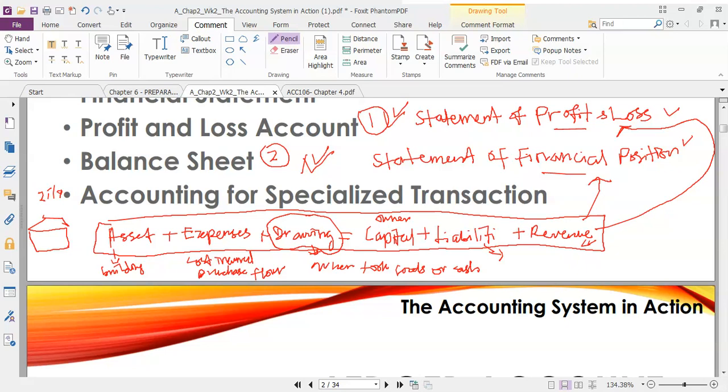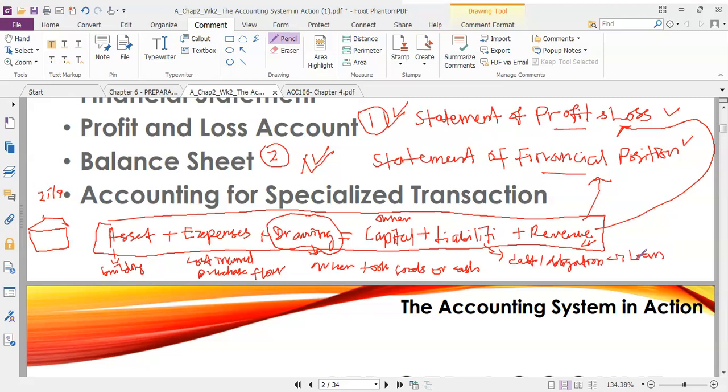Yes, that's right. Okay, liability is that we call as a debt or obligation, obligation by the owner. For example, loan. So that is a liability.